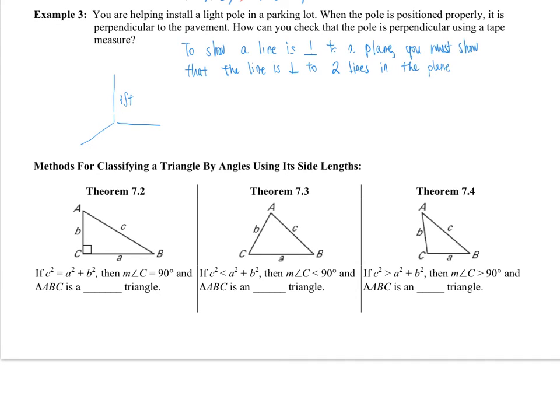So again, back to this picture here, I'm going to let this pole be 3 feet, and I'm going to establish a Pythagorean triple here, 3, 4, 5.